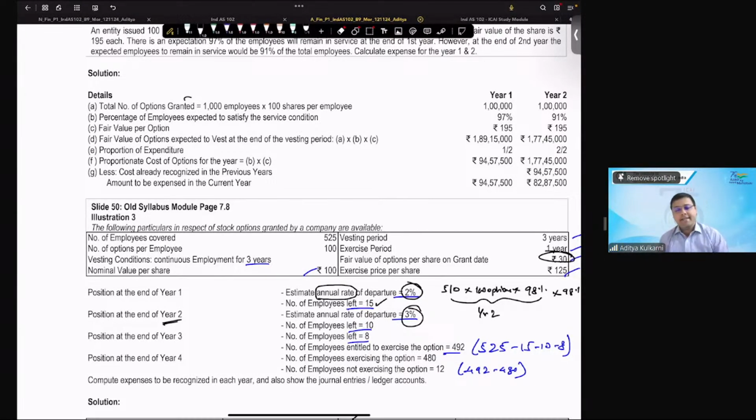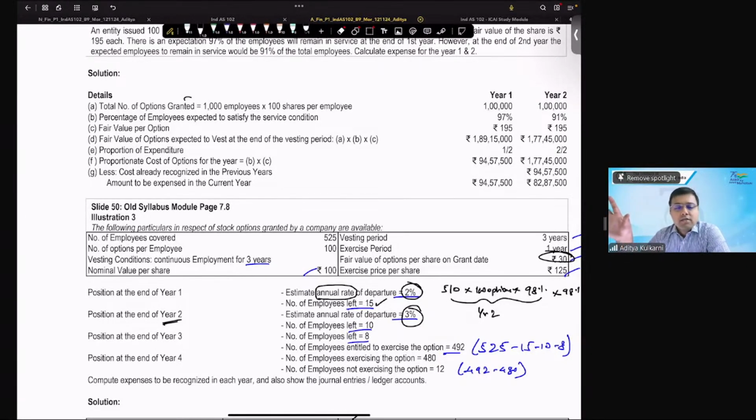Personally, it's not right to do that, because this is something which is vesting after 3 years. So whatever attrition there is, it would be advisable that you show it.